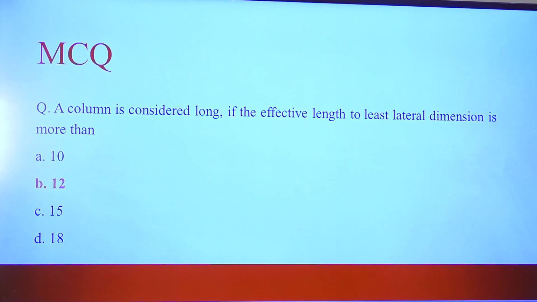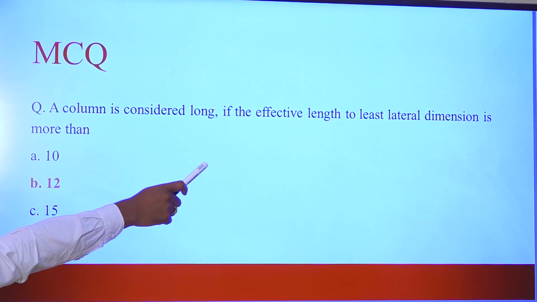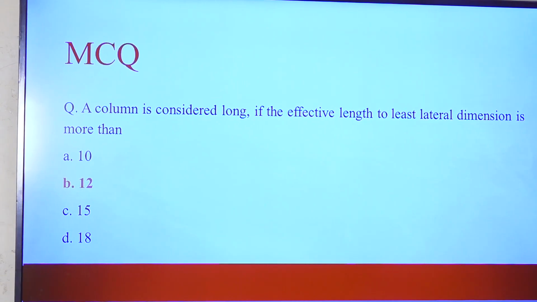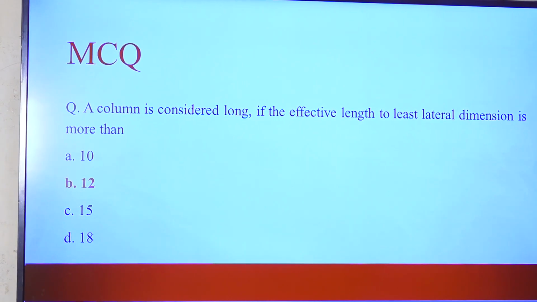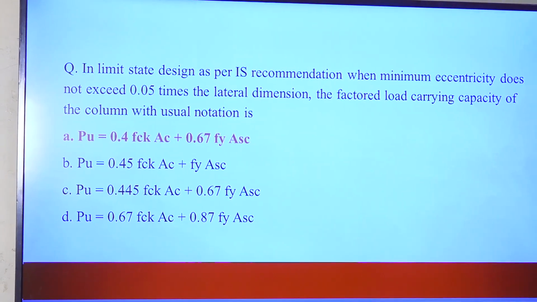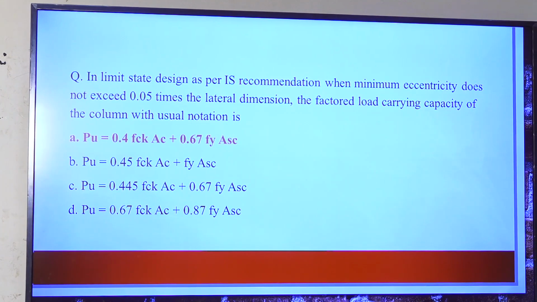Then when will it become long? When it is more than 12. So when the effective length to least lateral dimension is more than 12, we can call it a long column.